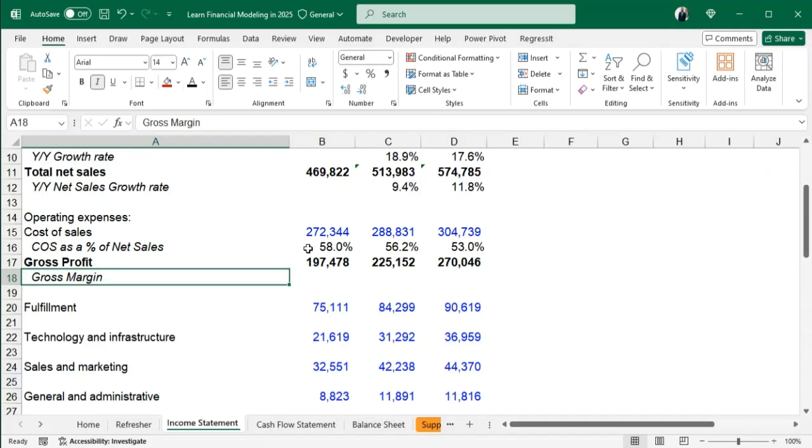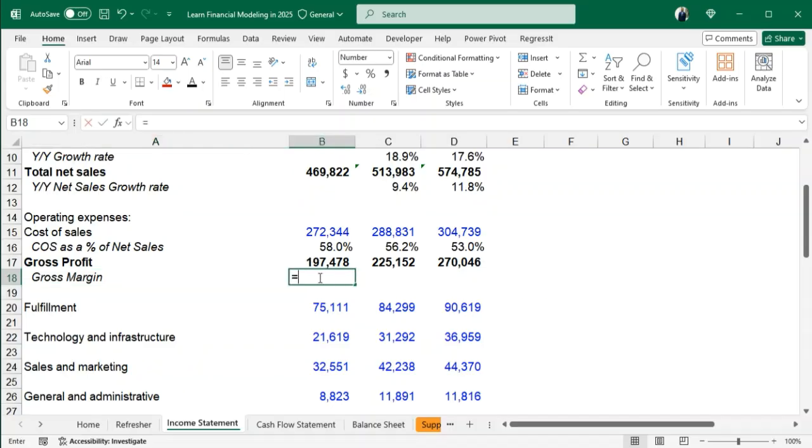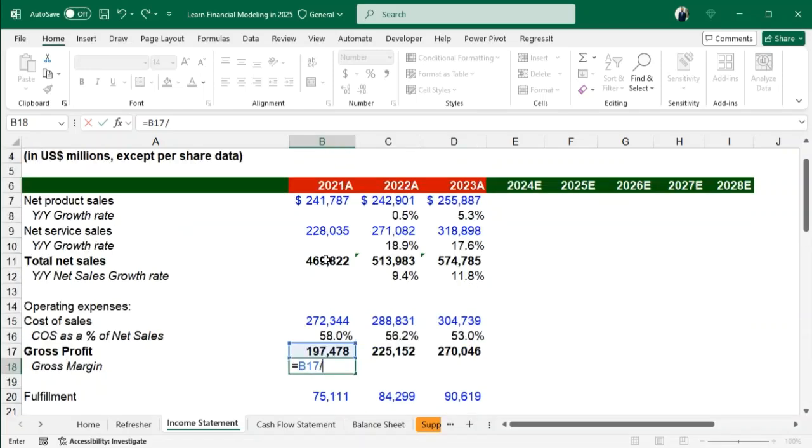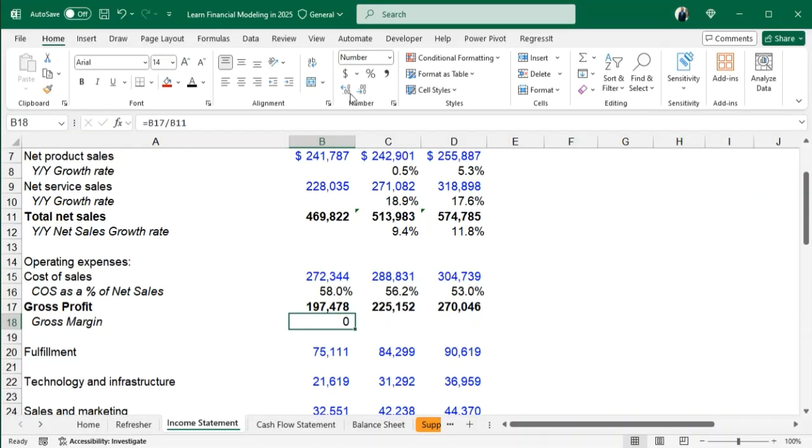So let me increase the indent and calculate that. So it's going to be our gross profit divided by our total net sales. All right, so I can have that. Change this to percentage, increase it by 1 decimal place, and copy the formula to the right using Control R. So that is what we have there for our gross profit.